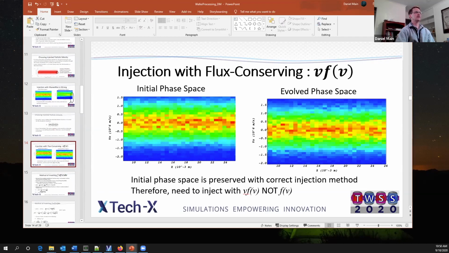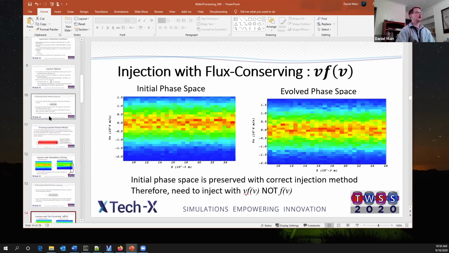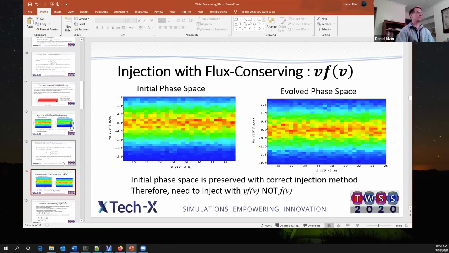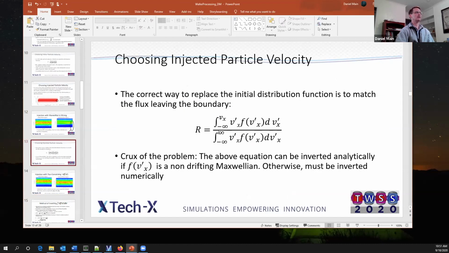So the tricky part then is how do you invert that integral that I showed you before? There are other ways to do it than what we did here, but this was one way that we came up with. What we need to do is invert the right-hand side so that I can solve for the velocity. This can be inverted analytically, but if it's drifting, it cannot.